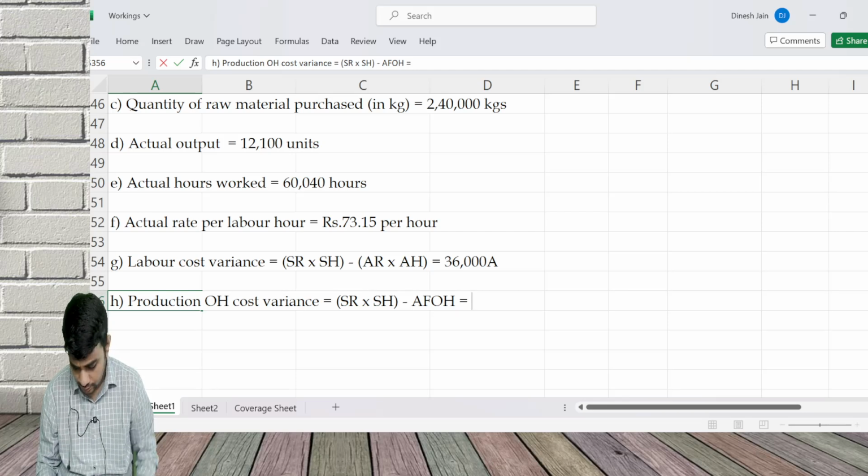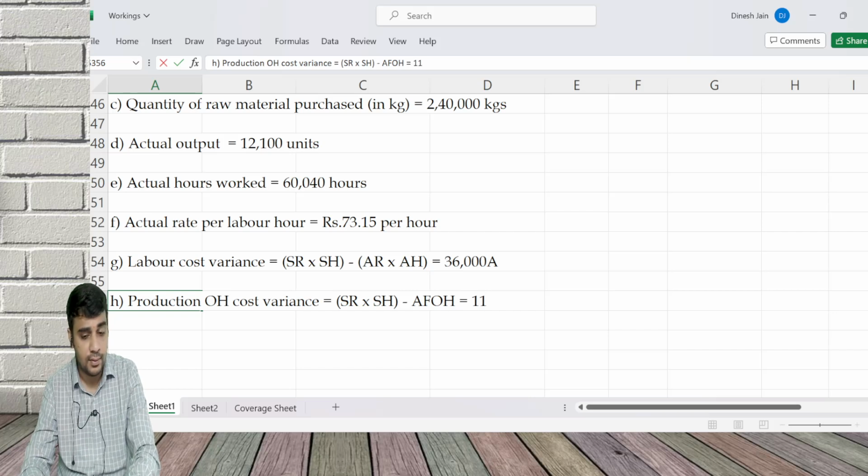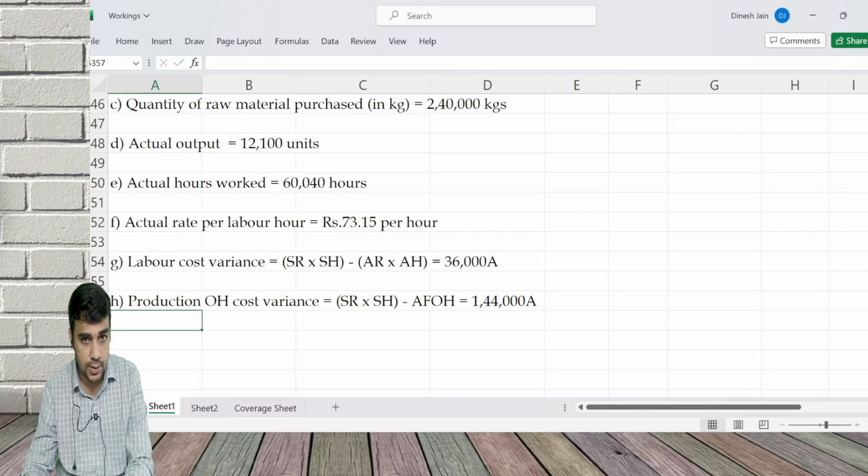What's the answer? 1 lakh 40 adverse. Done. Any doubts on this?